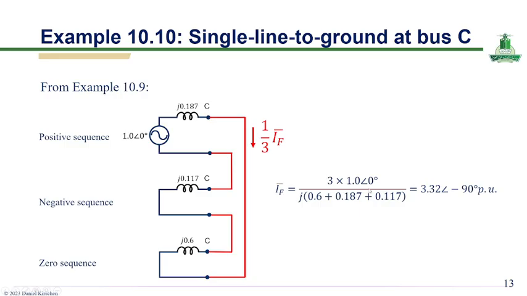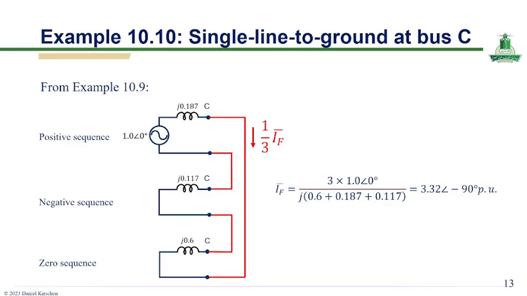Okay, we obtain the fault current as this value, 3.32 with angle of minus 90 degrees per unit. So this result indicates that the fault current is purely reactive and lags the voltage by 90 degrees, which is expected since the network is modeled using only inductive reactances.